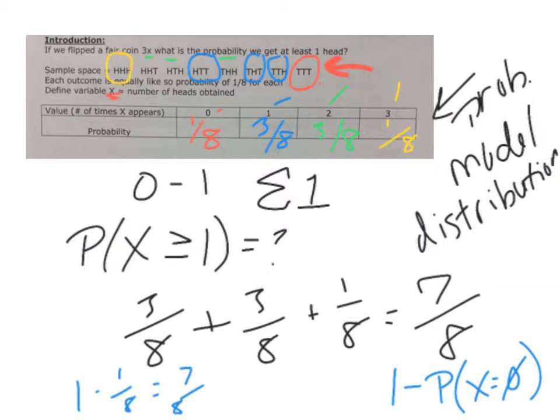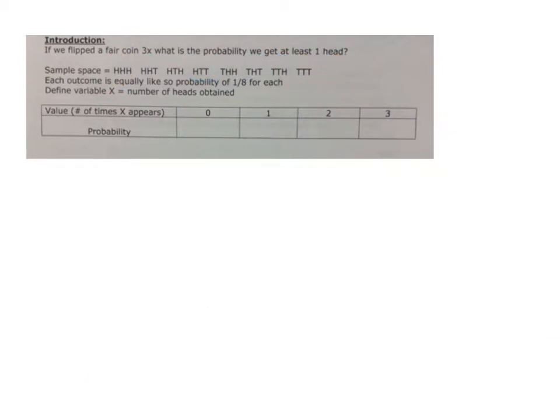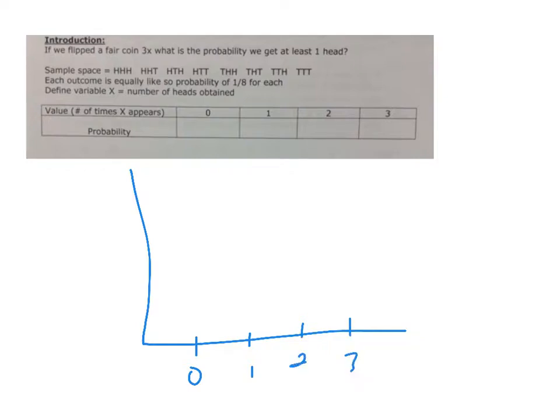Let's take a look at how we would do a histogram with this. I can sketch this data onto a histogram. I can do a quick sketch here of 0, 1, 2, 3, 4, and then put my probability values going up the side. Here's 4/8 and here's 2/8.